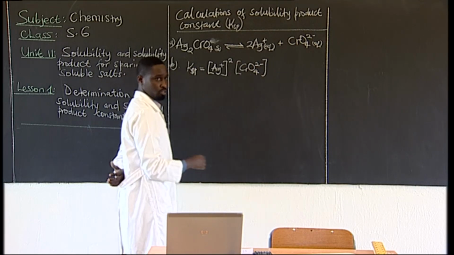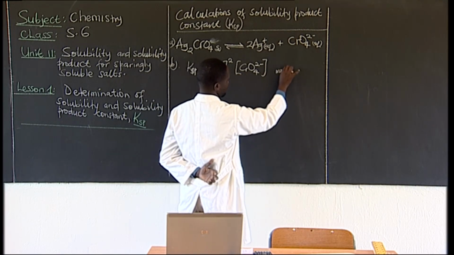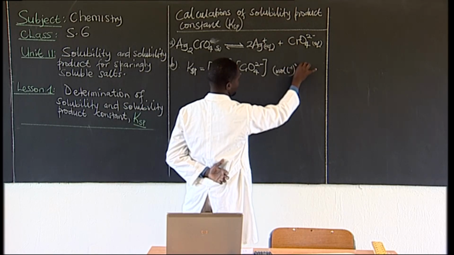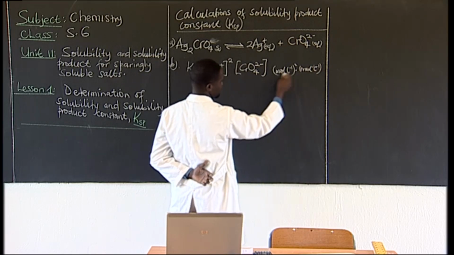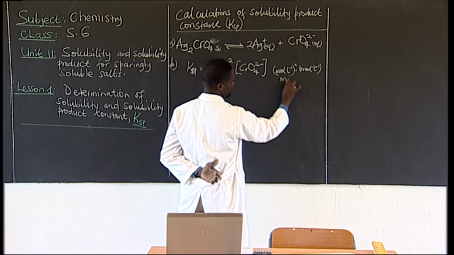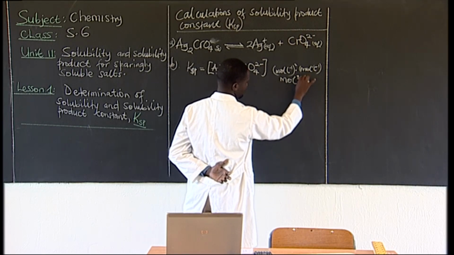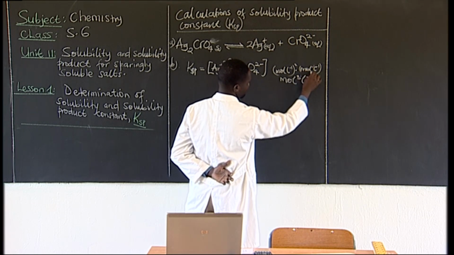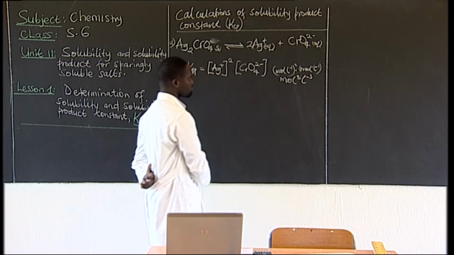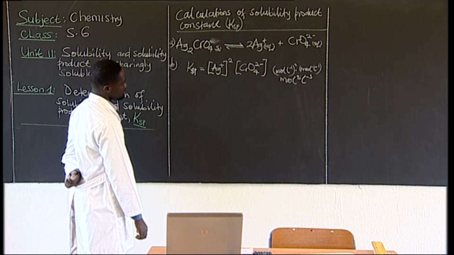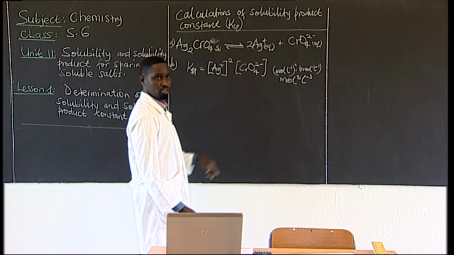So the units will be mole per liter squared times mole per liter, which directly gives us mole cubed per liter, this is a power 3, like that. So that is the unit. The unit is derived from the concentrations.